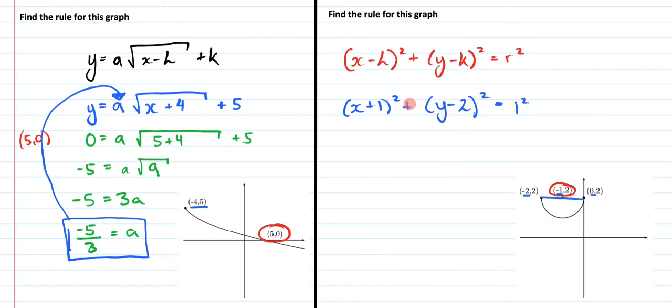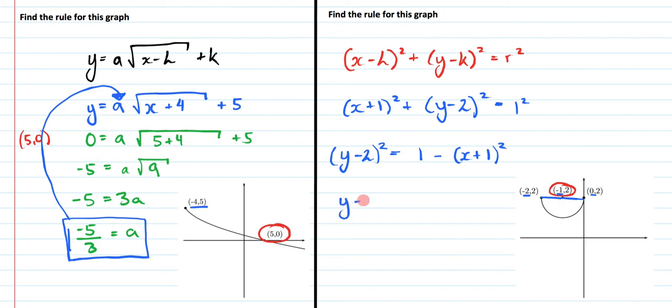But now I need to rearrange this in order that it's a semicircle. So what am I going to do? I'm going to rearrange so that I'm solving for y. So it's going to be (y minus 2) squared equals 1 minus (x plus 1) squared. Then I'm going to square root both sides.